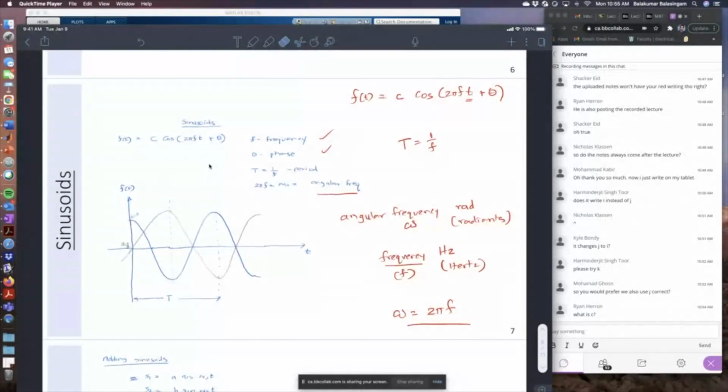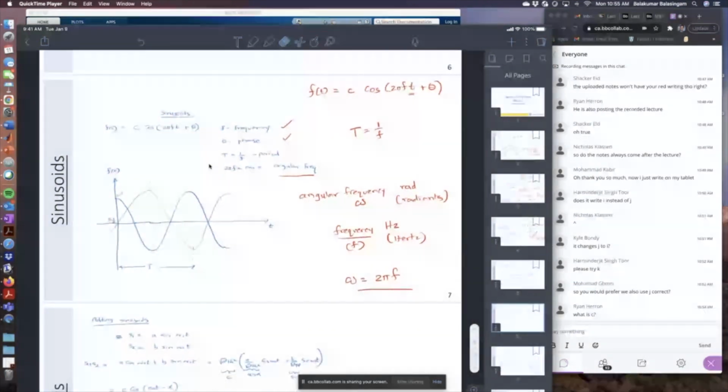In this signal, C is the amplitude. Let me plot this signal.